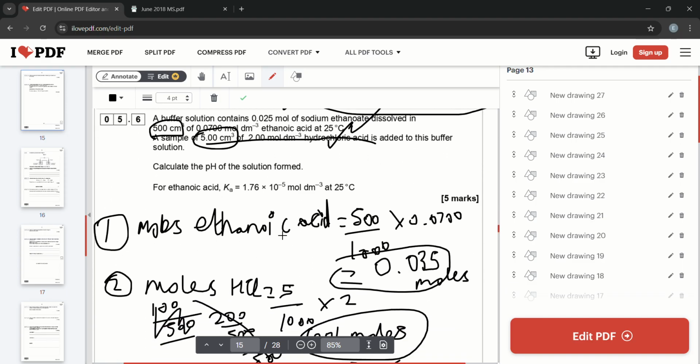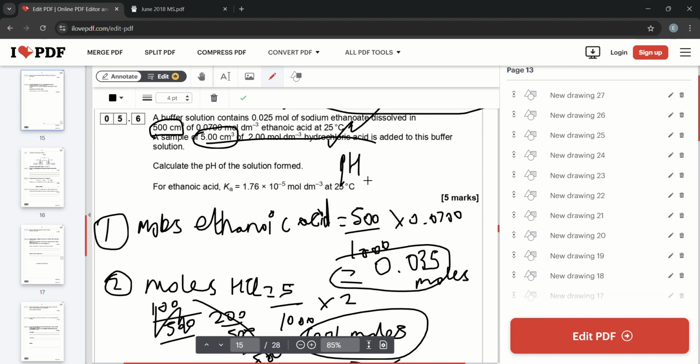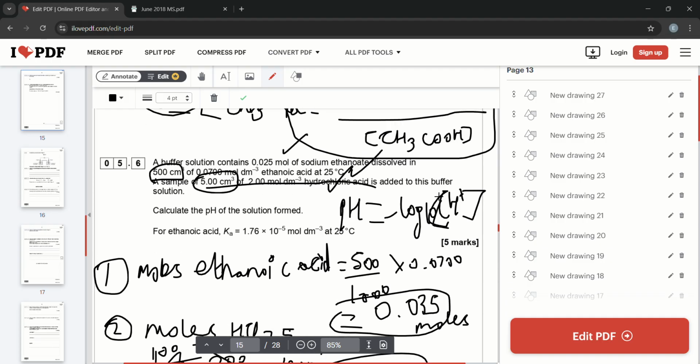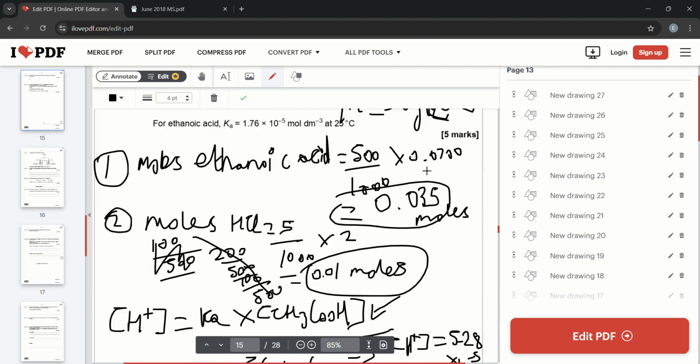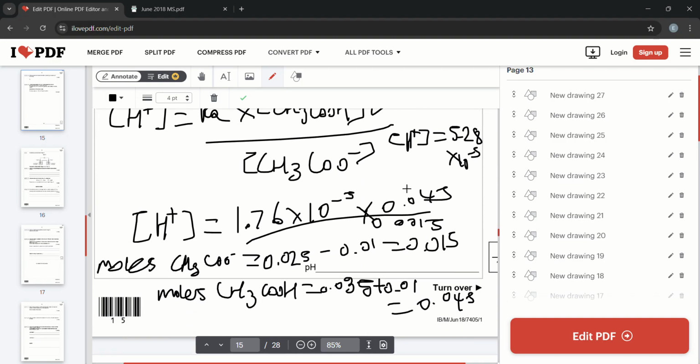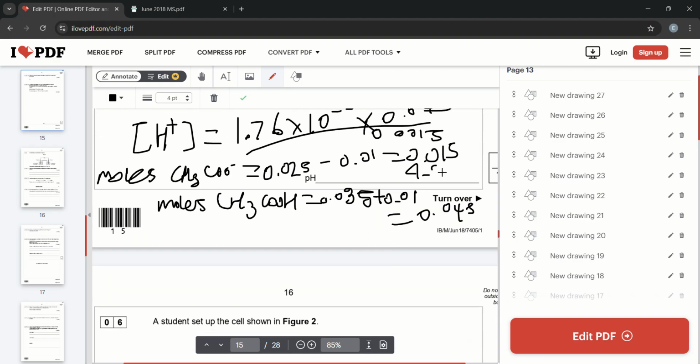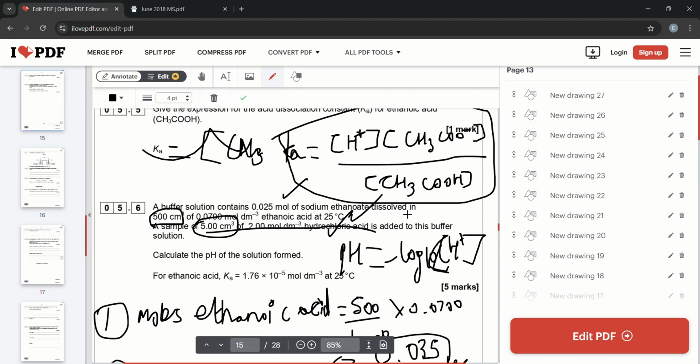Therefore, to find pH, pH equals minus log10 of [H+], minus log10 of my answer, which is 4.28. 4.28, and that is the end of question 5.